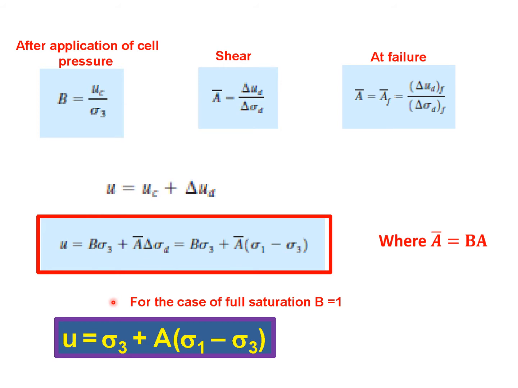And for the case of full saturation, this B, the pore water pressure factor, is equal to 1. So this equation can be written like this, replacing A bar by B into A. Ultimately, you are getting this formula, that is U is equal to sigma 3 plus capital A into deviator stress, sigma 1 minus sigma 3.